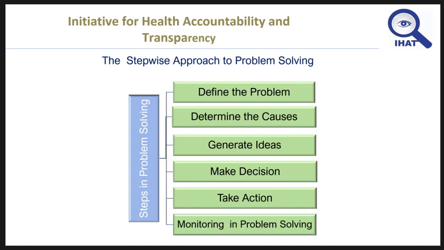After generating your ideas or alternatives, the next step is to make a decision to select the best solution. This involves careful analysis of the different possible solutions or courses of action that you have selected, and then you pick the best for implementation. One problem-solving technique that can be used to decide which one is the best solution to the problem is a simple trade-off analysis.